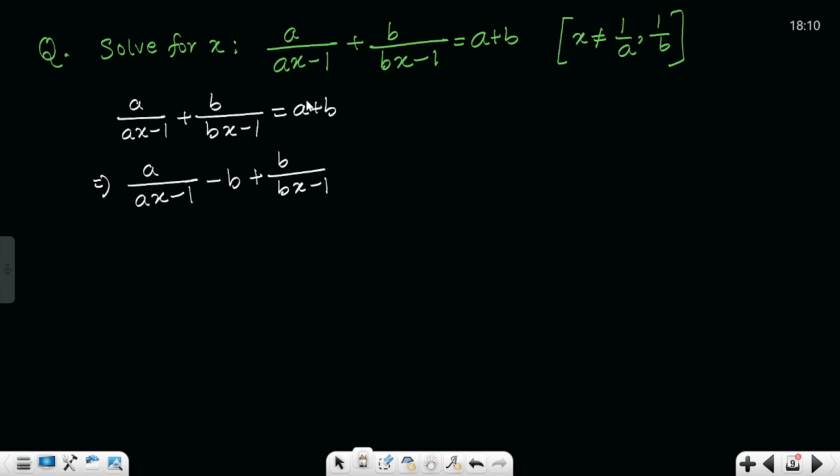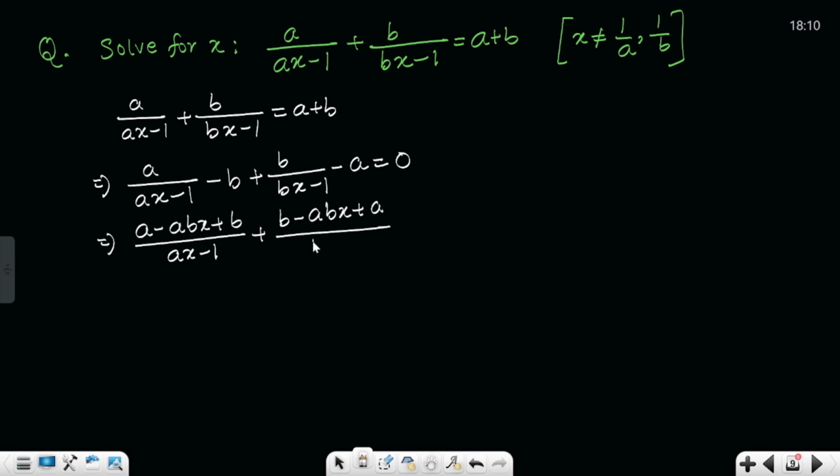We will bring this term a to the left hand side, so this will be minus a here, equals 0. Now here this will be a minus abx plus b divided by ax minus 1, plus b minus abx plus a divided by bx minus 1, equals 0.